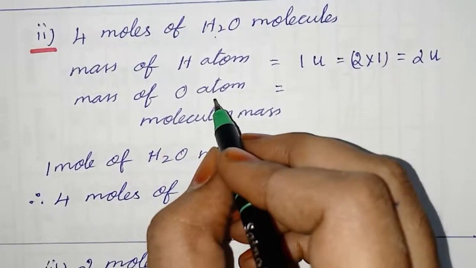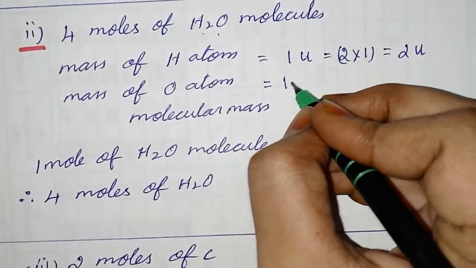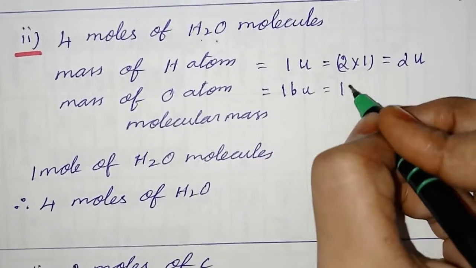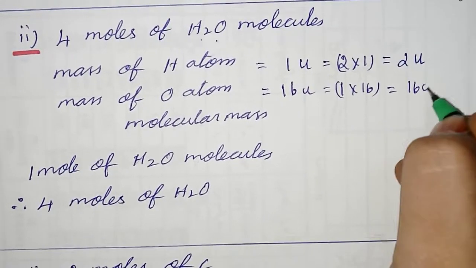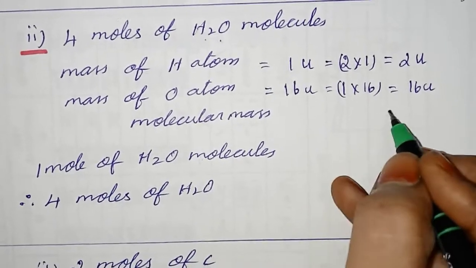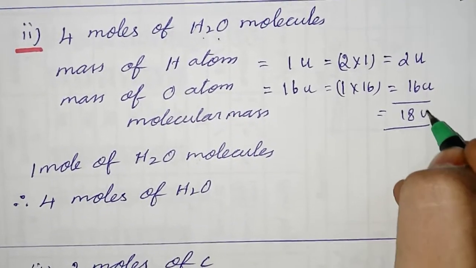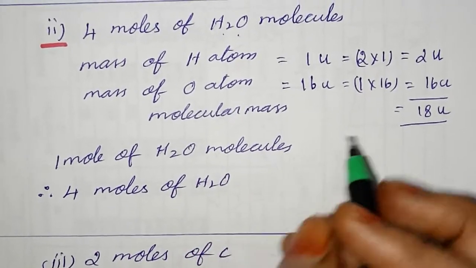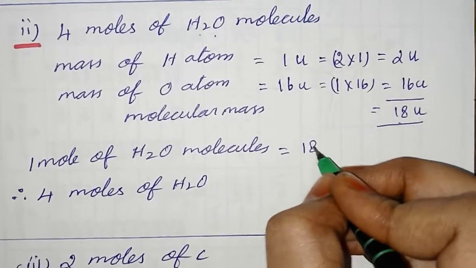Like that, mass of oxygen, only one oxygen atom is present, which has the mass 16U. So 1 into 16 equals 16U. Finally, the molecular mass is 18U. So 1 mole of H2O molecule is equal to molecular mass in grams, that means 18 grams.